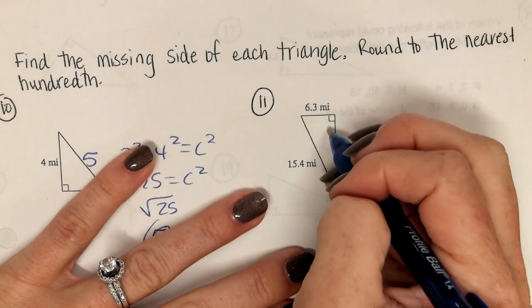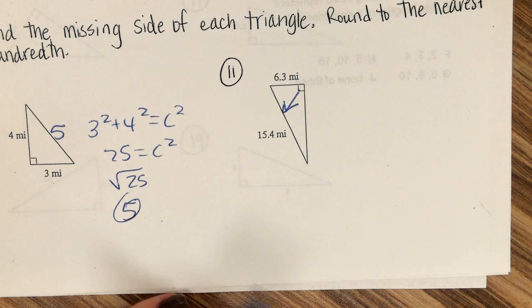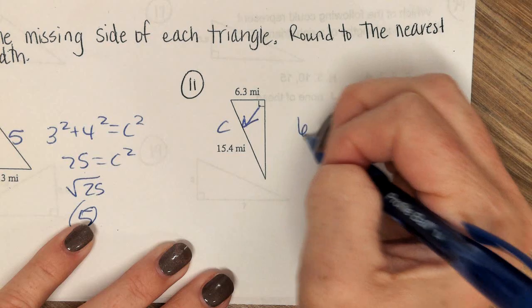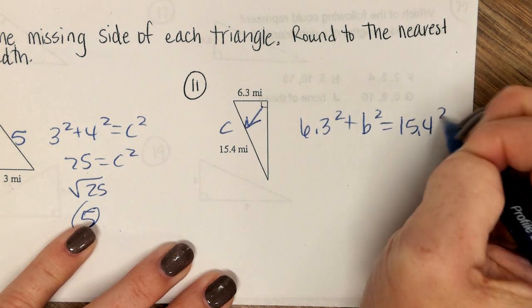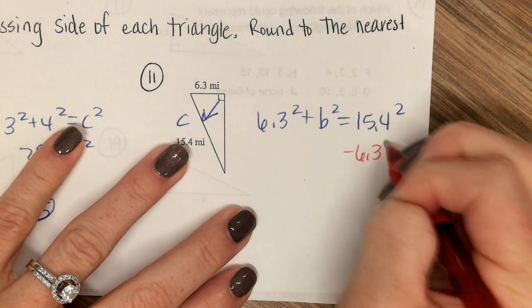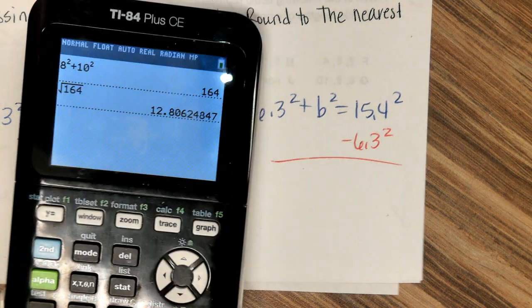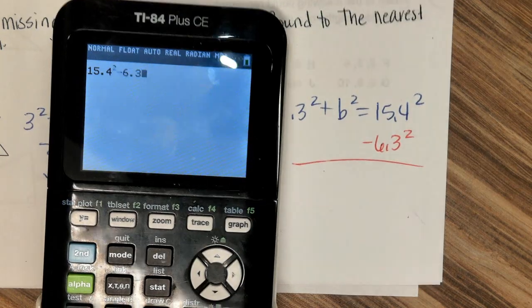All right, this one. Did they give me C or am I solving for C? They gave it to me. So I have 6.3 squared plus B squared equals 15.4 squared. Do I add or do I subtract? Subtract. All right, 15.4 squared minus 6.3 squared.